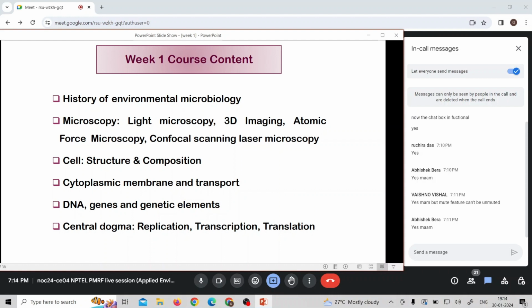So I have planned this session to be a simple one, just for introduction and practice, to get to know how the sessions will move on. If you have some suggestions on how the session should proceed, you can tell me at the end of the session. In between, if you have any doubts, I would prefer you put them in the chat box so that it doesn't disturb the session.